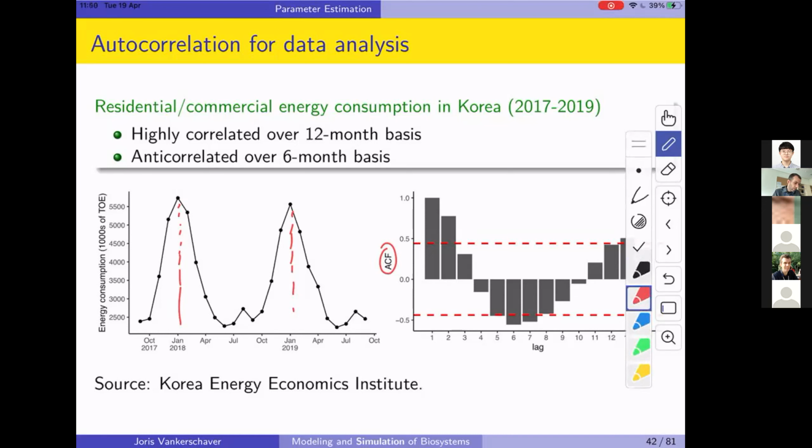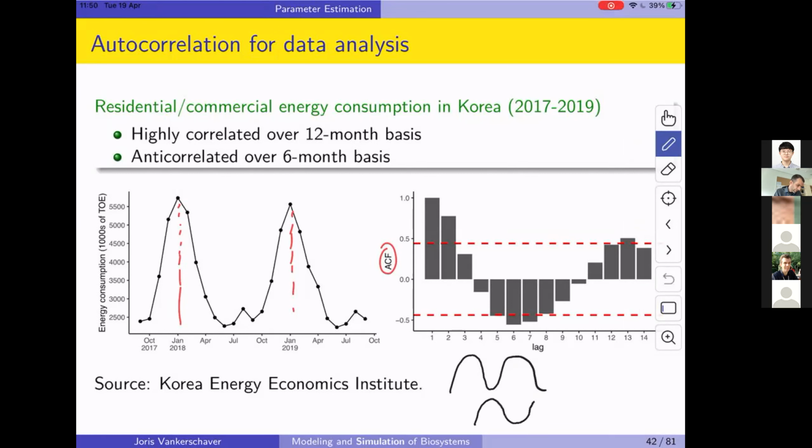If I sketch that, what we do is we take two versions of our signal. This is the original one. And now we take a shifted version like so.